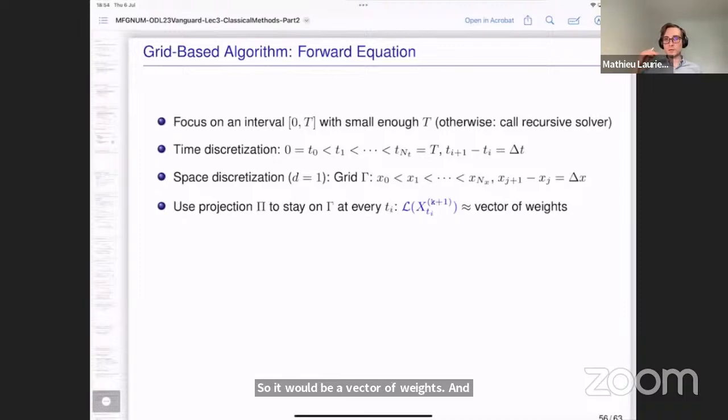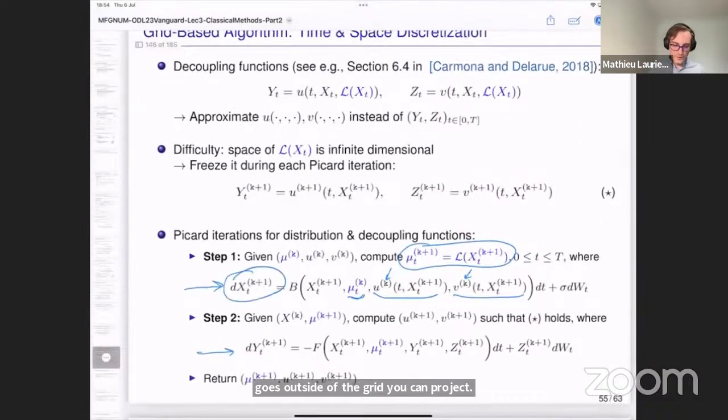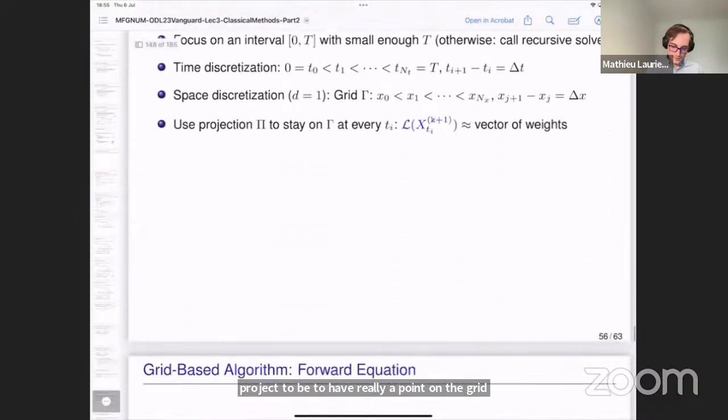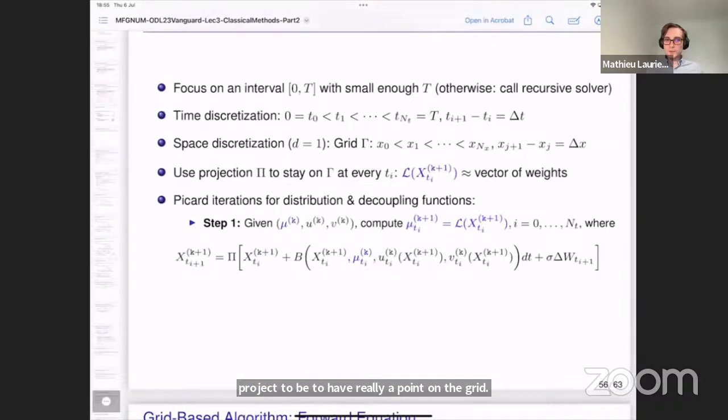And if the process goes outside of the grid, you can project. So let me go back here. You have this evolution. Even if you discretize time, x t plus 1 might end up outside of the grid. So you project to have really a point on the grid. And in this case, you can write a discrete time and discrete space evolution.